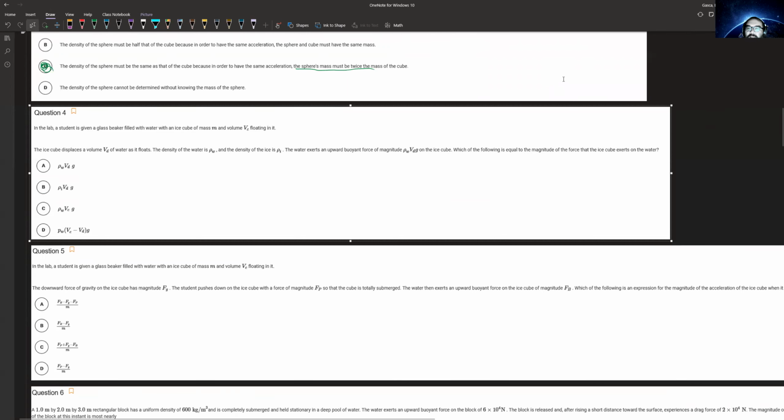So let's see here what we're thinking. All righty. So if it floats, the buoyant force equals the force that the cube exerts on the water.